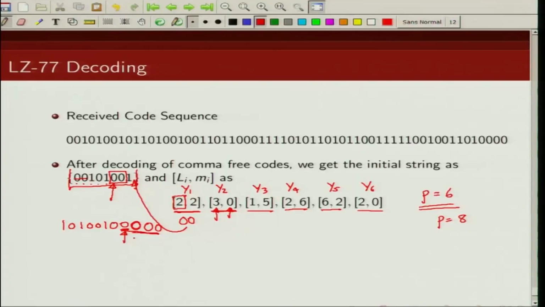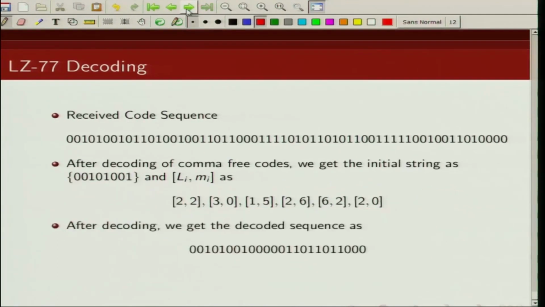So what we need to do is append this new string to our dictionary and remove the 3 oldest entries. We continue this essentially. Initially we had these 8 bits, we found out this was the match, and our new dictionary at that time was this.